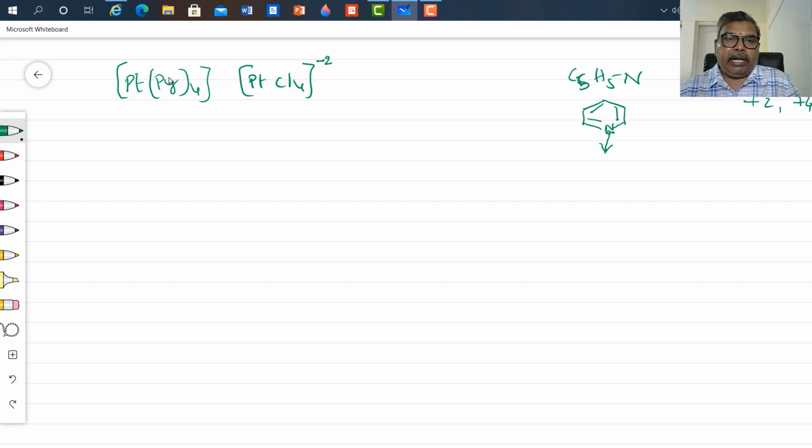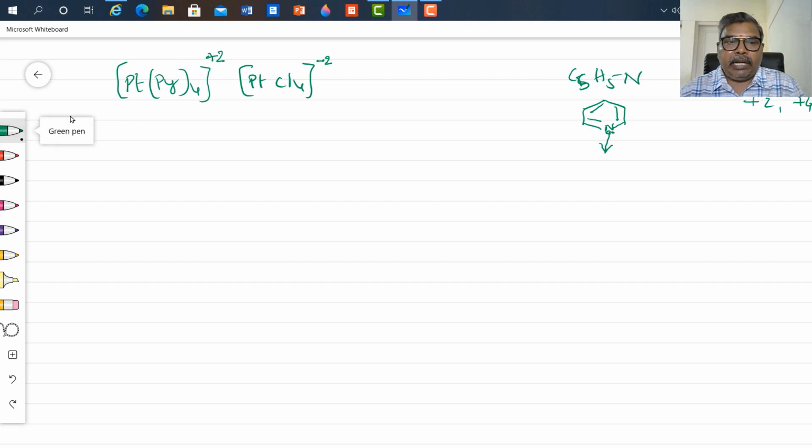Here pyridine is 0, 4 ligands, and 4 into 0 is 0 only. So to neutralize, the cation complex should carry +2 charge. In both complexes, the oxidation state of platinum is 2 only.